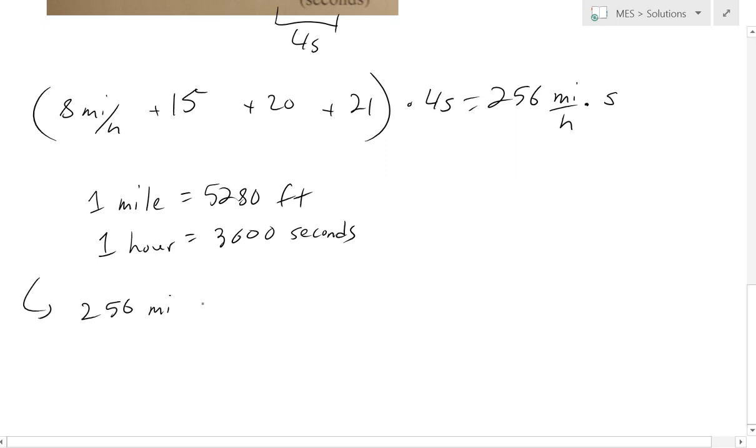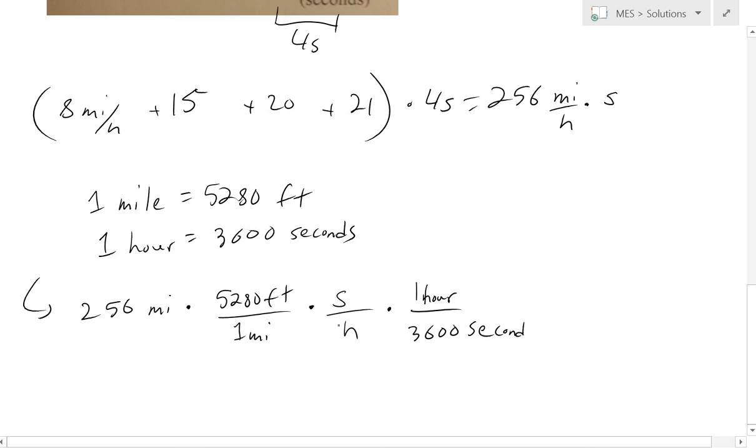256 miles times 5,280 feet divided by 1 mile. When we do this, these miles cancel. Now we have to multiply this by the factor 1 hour divided by 3,600 seconds.